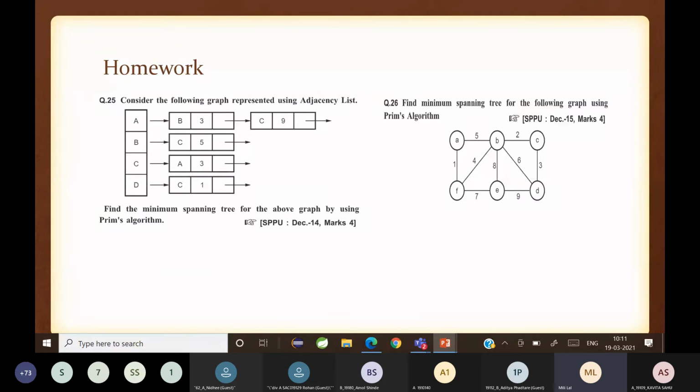I hope you all remember what an adjacency list is. Then find the minimum spanning tree for the above graph using Prim's algorithm. Can somebody tell me how you are going to find the minimum spanning tree using the adjacency list? कोई बता सकते हैं? Any idea?